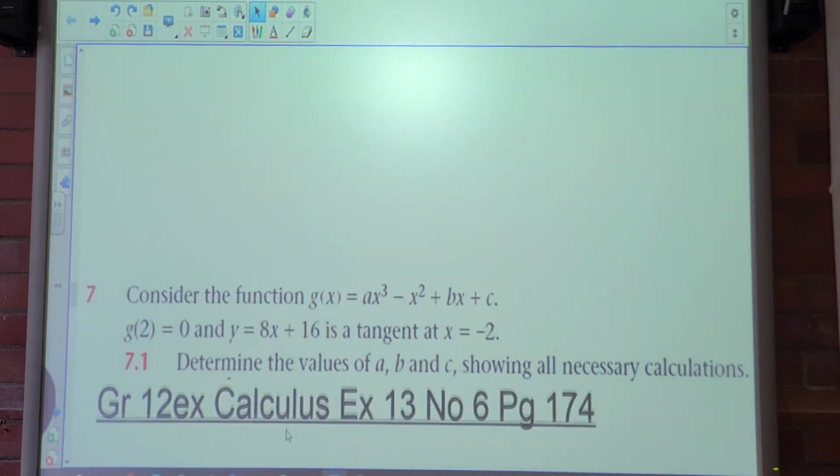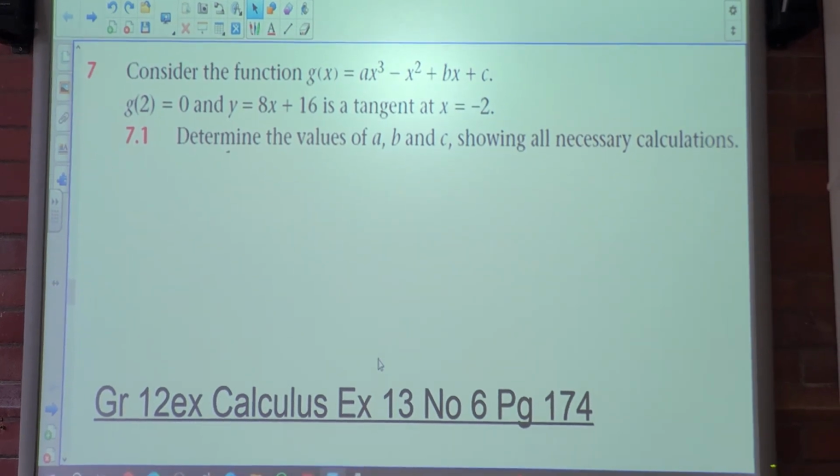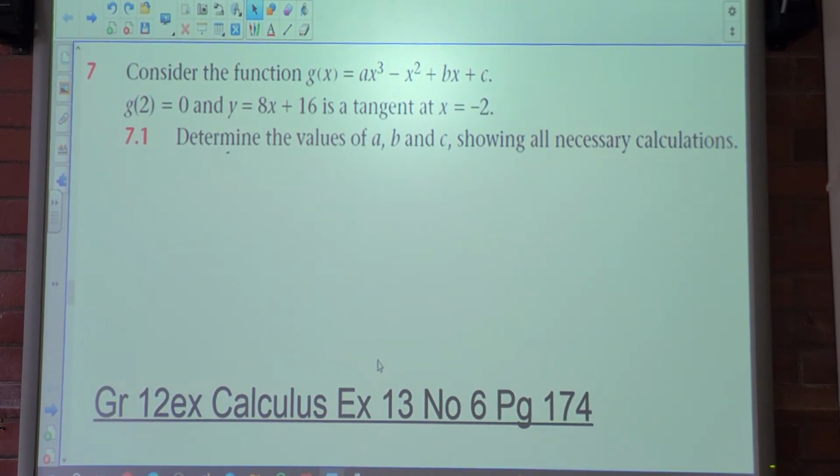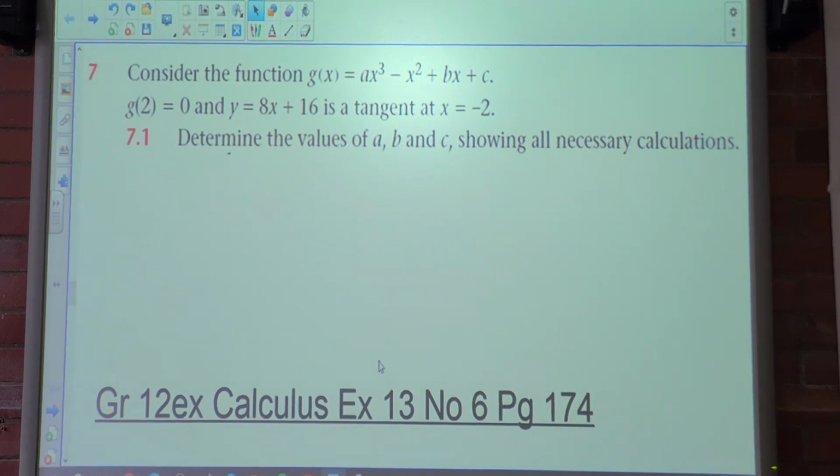So the next question, question 7. For number 7, we are told to consider the function g of x equals ax cubed minus x squared plus bx plus c. g of 2 is equal to 0. y is equal to 8x plus 16 is the tangent at x equal to negative 2.